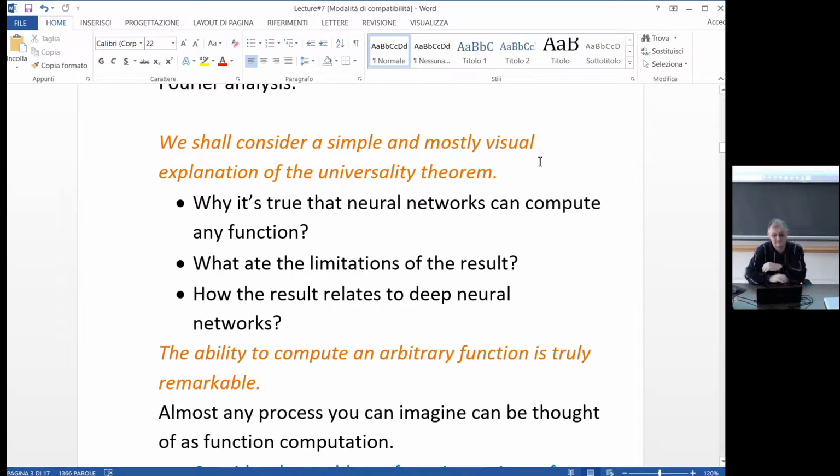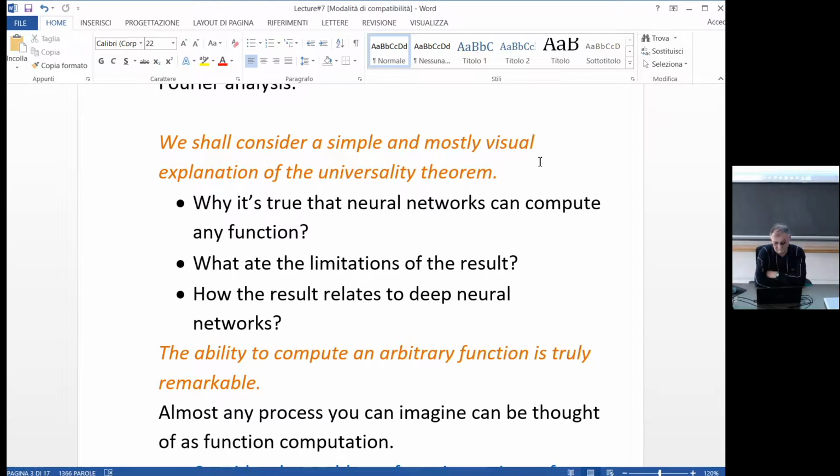So we shall consider a simple and mostly visual explanation of the universality theorem. The related questions are: why is it true that a neural network can compute any function? Then, what are the limitations of the results? Of course, there are some limitations. And the third, how does the result relate to deep neural networks.